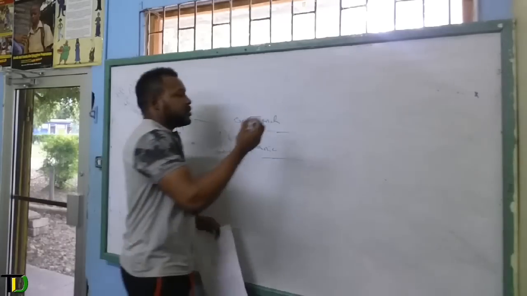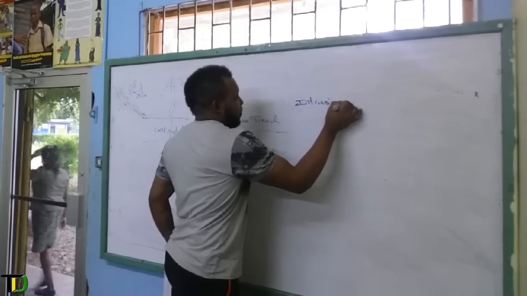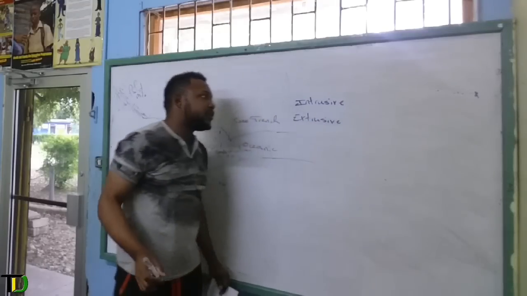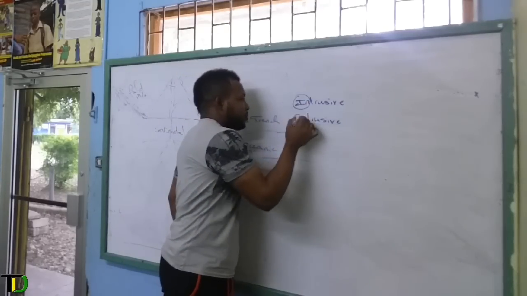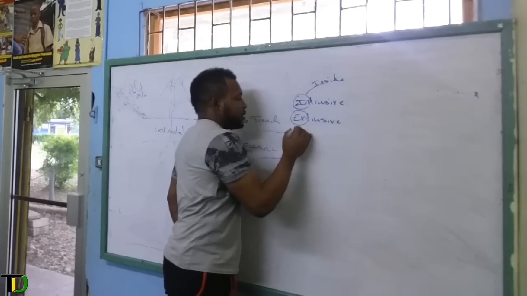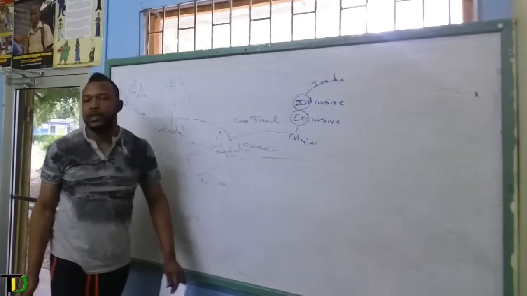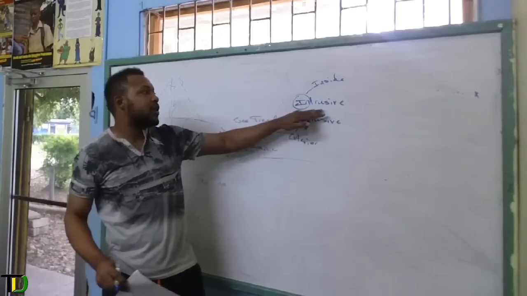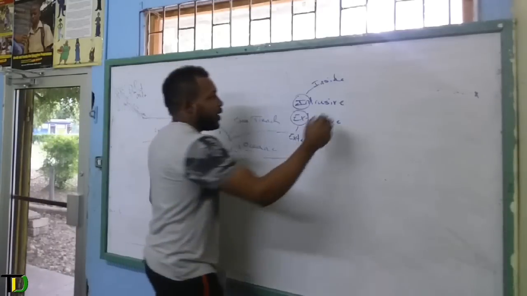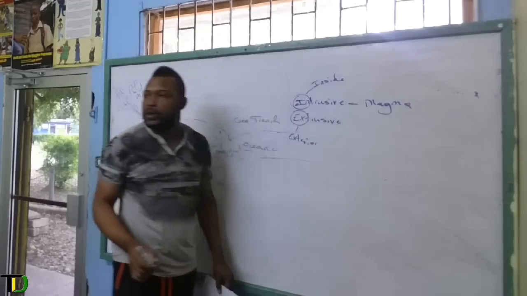First things first, so you have intrusive features. Inside. Extrusive, outside. So intrusive volcanic features are features that are formed under the Earth's surface, within the crust, when magma cools and hardens.